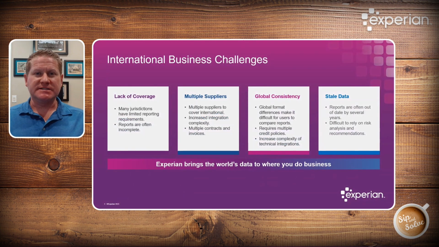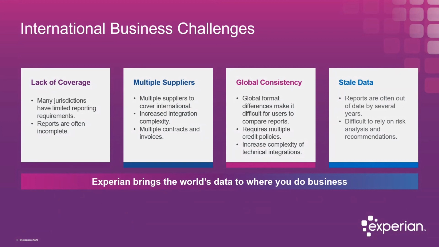First, let's pause and take a look at some of the common challenges with international business risk management. The first is a lack of coverage. Many jurisdictions have limited reporting requirements, which means reports are often incomplete or lack sufficient data coverage for a sound business decision.